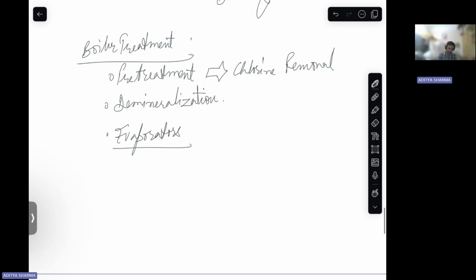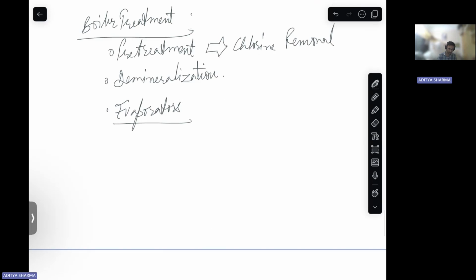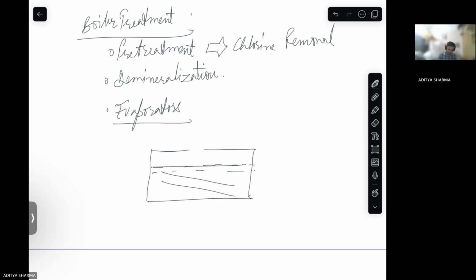So in evaporators, we get vapors. We have a structure something like this, where here we have hot water, right? Some structure is like this. From here we give steam. This is condensed.